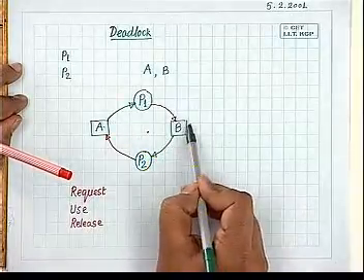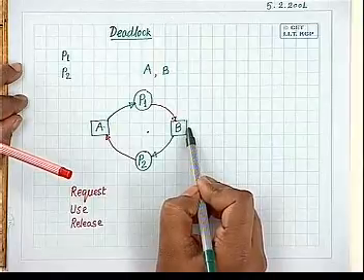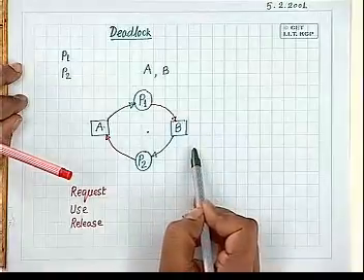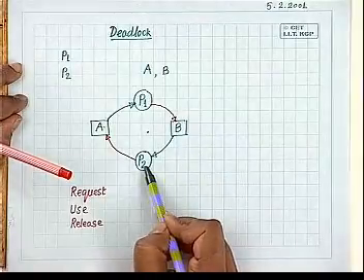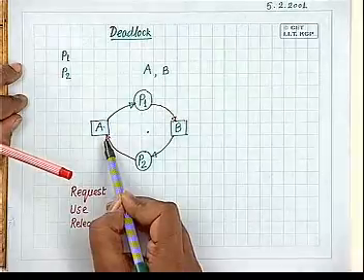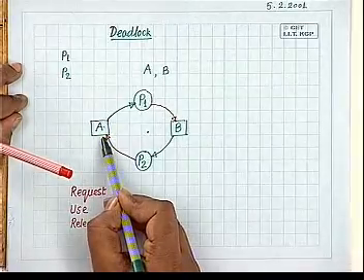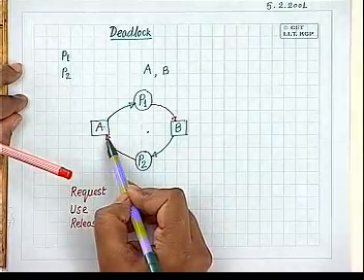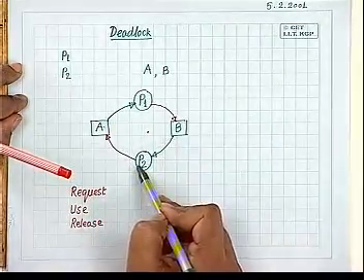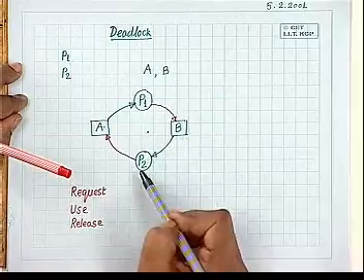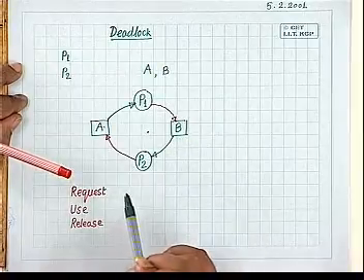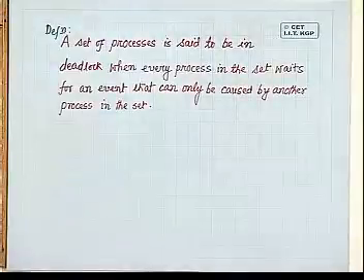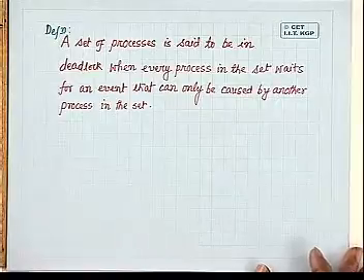The event is B to be released, and this B can be released only by P2. P1 cannot release B. Similarly, P2 is waiting for an event. The event is A to be released, and this A can only be released by P1. P2 cannot release A. So every process is waiting for an event which can only be caused by another process in the set, not by the same process. And that is a formal definition of deadlock.